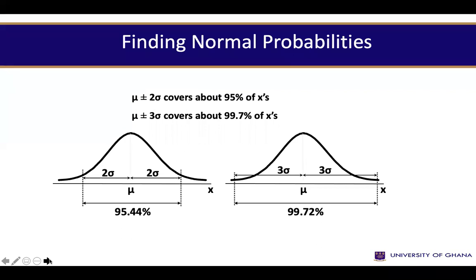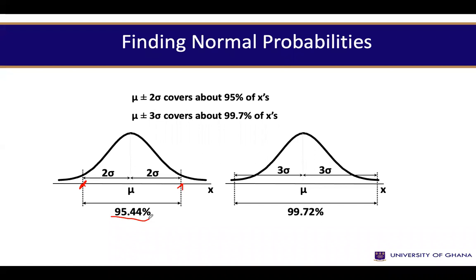Given such information, you have about 95% of the data lying two standard deviations to the left and two standard deviations to the right of the mean. So given this lower limit and upper limit, the area occupied under it is about 95.44%. And this has also been proven.